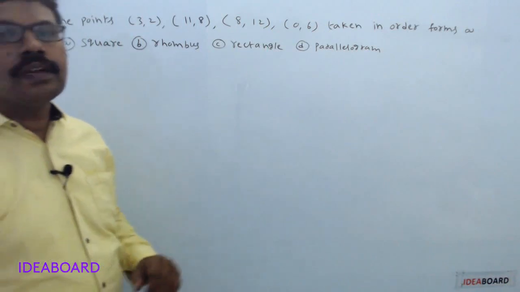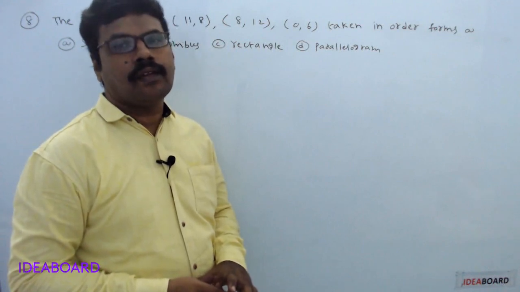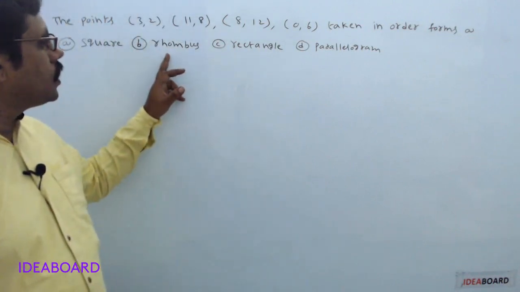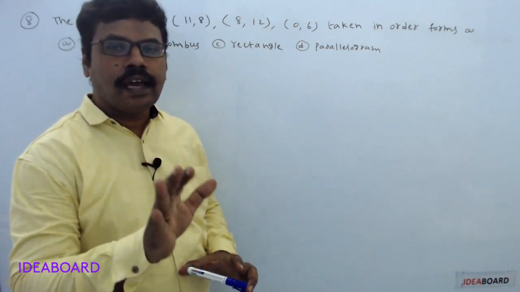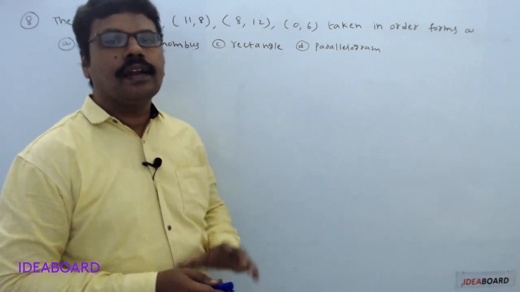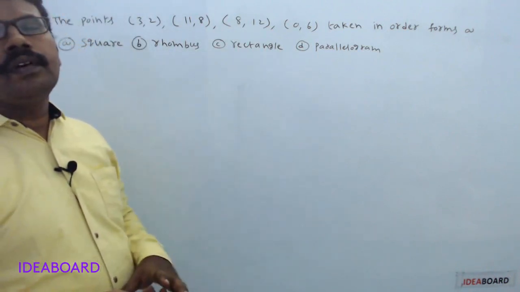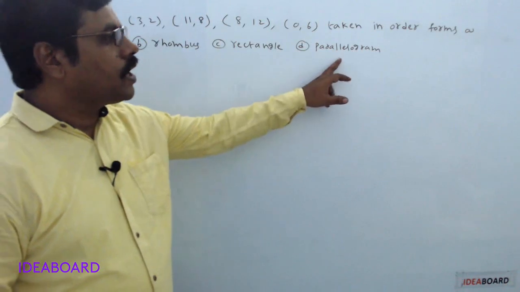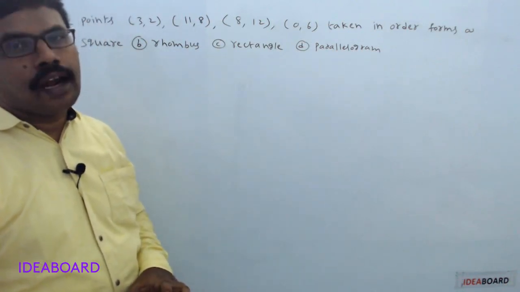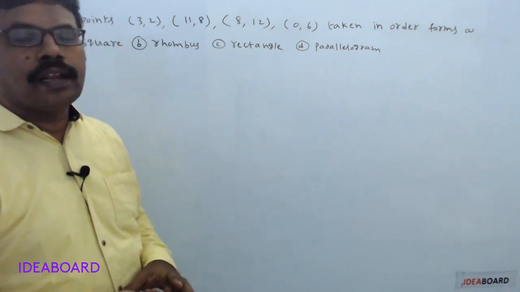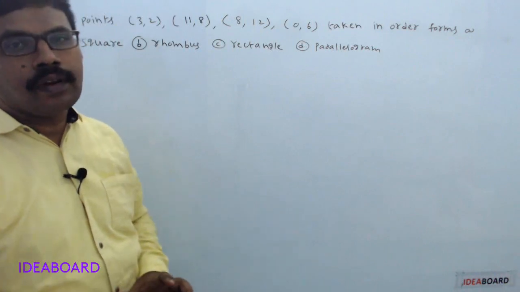Square. Suppose all sides are equal and diagonals are not equal, then our quadrilateral is a rhombus. Suppose opposite sides are equal and diagonals are equal, then what is our diagram? Rectangle. Then parallelogram: opposite sides are equal and diagonals are not equal, then the corresponding quadrilateral is a parallelogram. So that is our actual concept.